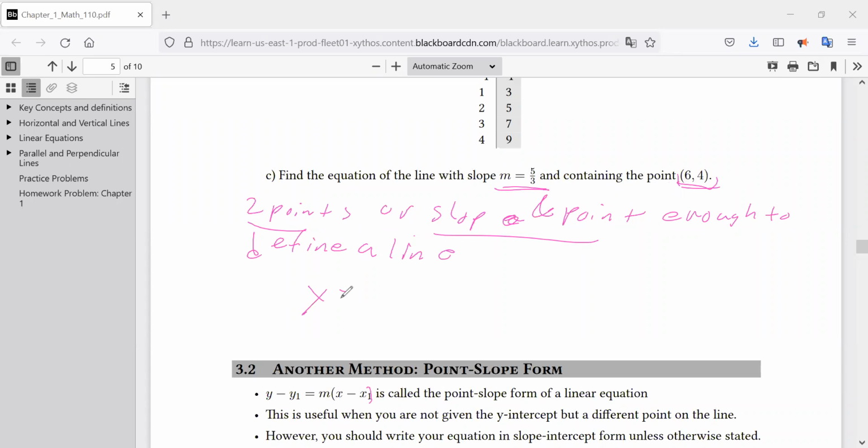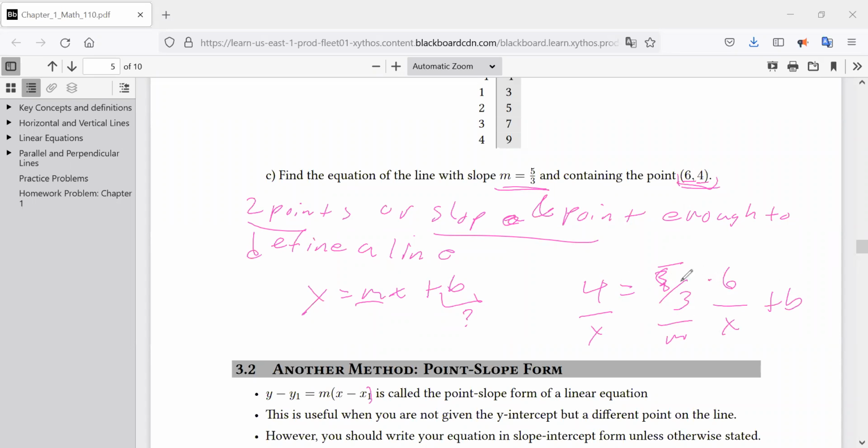So we've got y is equal to mx plus b. I don't know what b is. This is a question mark. I do know what m is, and then I have an x value and a y value, right? So I can do 4 is equal to 5 over 3. That's my m. So this is my y, my m. My x is going to be 6, plus b.